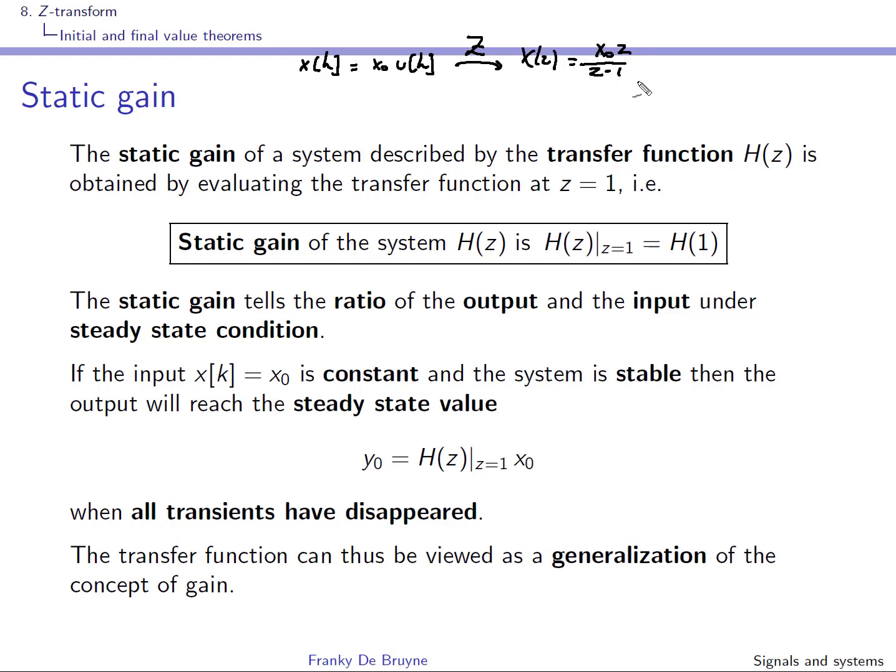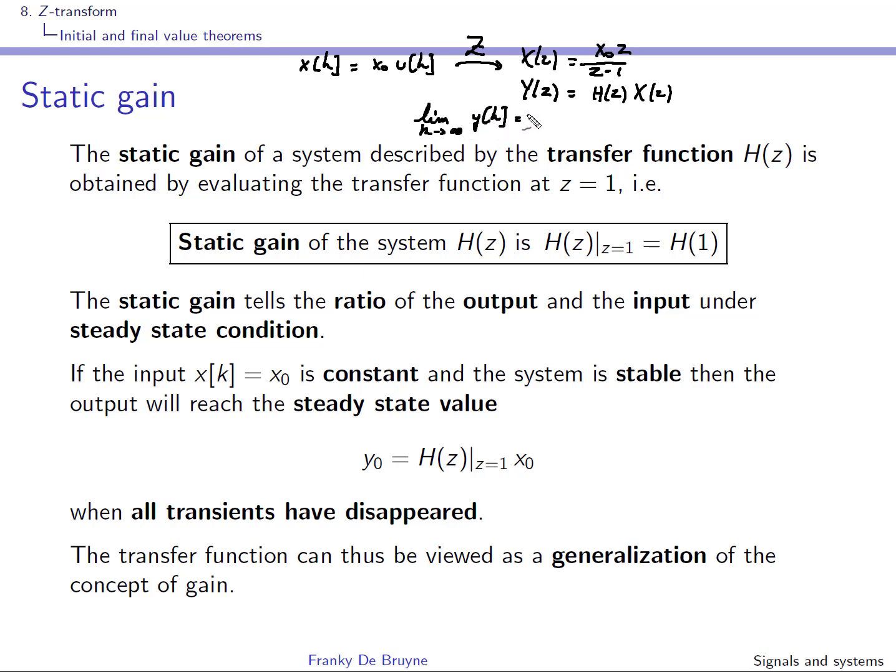These are things that we have seen before and that by now should look familiar. So y of z will be h of z times x of z. If we're interested in what happens in steady state, we have to use the final value theorem. So it's the limit when k tends to infinity of y of k.